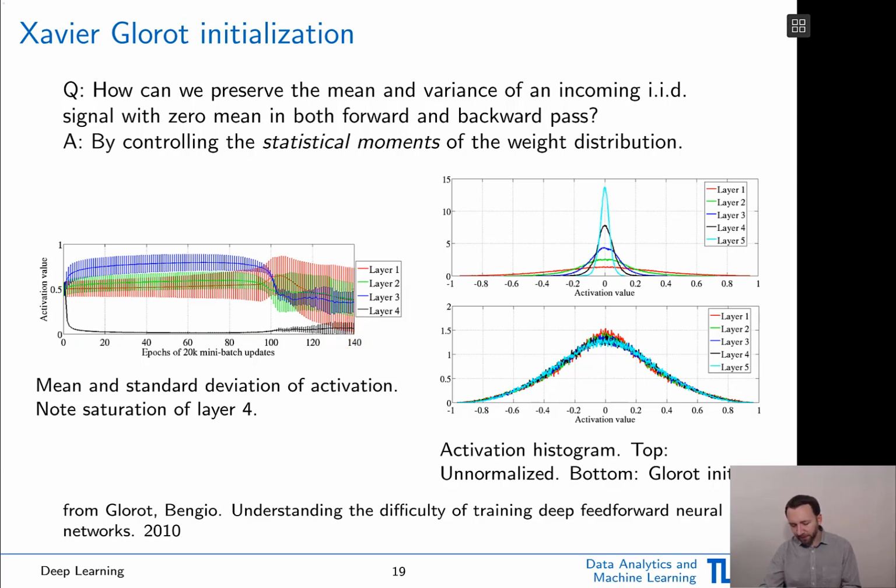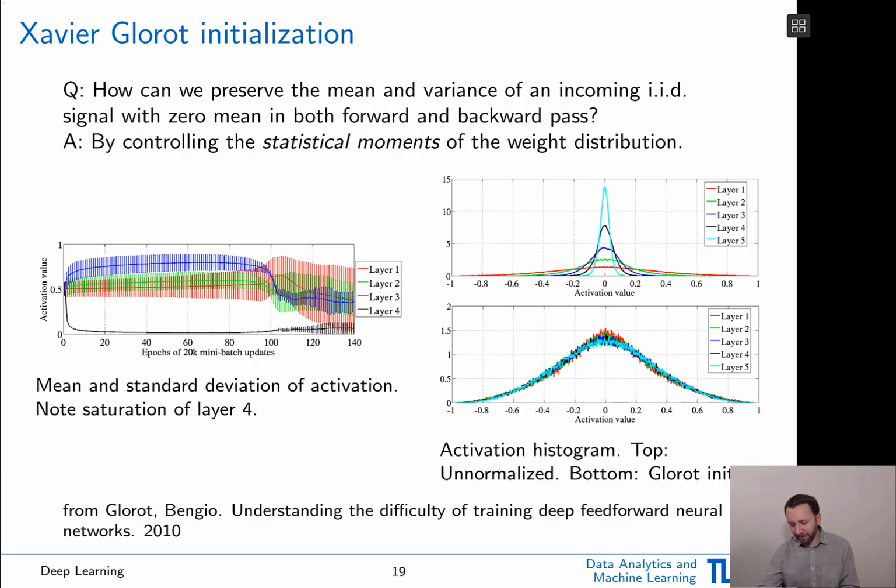Okay, so what we now want to achieve is the following. We want to initialize it in a specific way so that after this training, the fourth layer or the fifth layer don't converge to this all 0. This is done if we use this Xavier initialization, which I'll show you on the next slide, which then hopefully at the end of the day leads to this behavior.